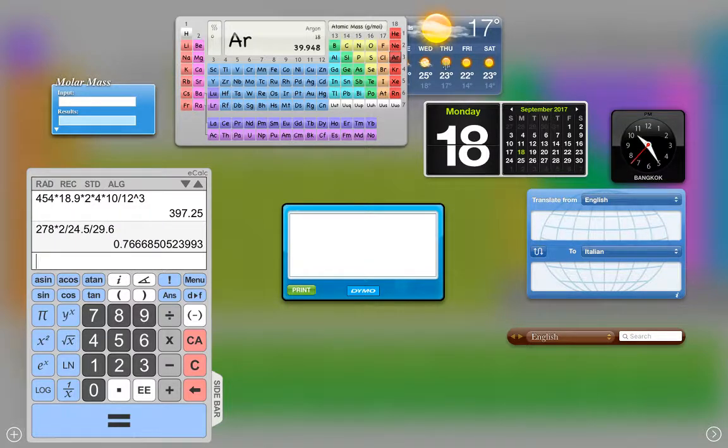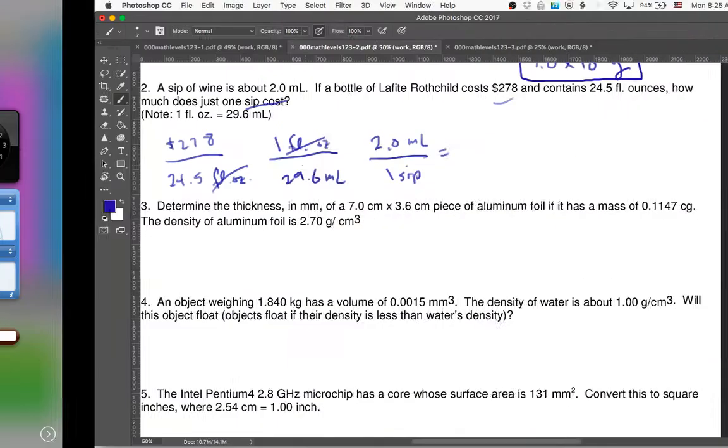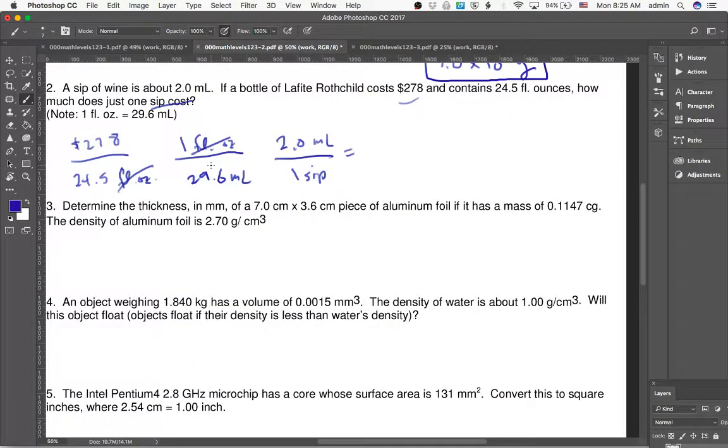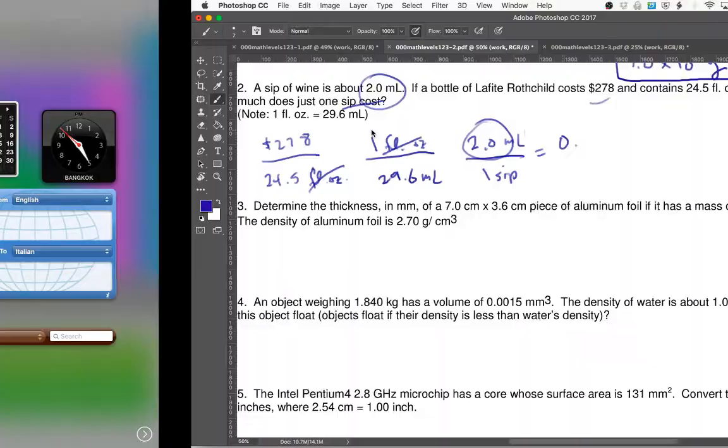We have 0.767, but there are only 2 significant figures in that measurement, so it's 0.77.